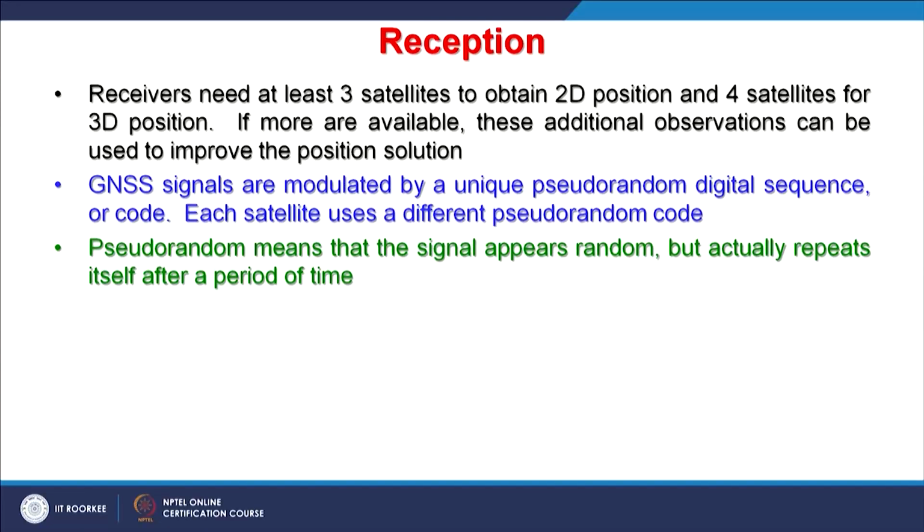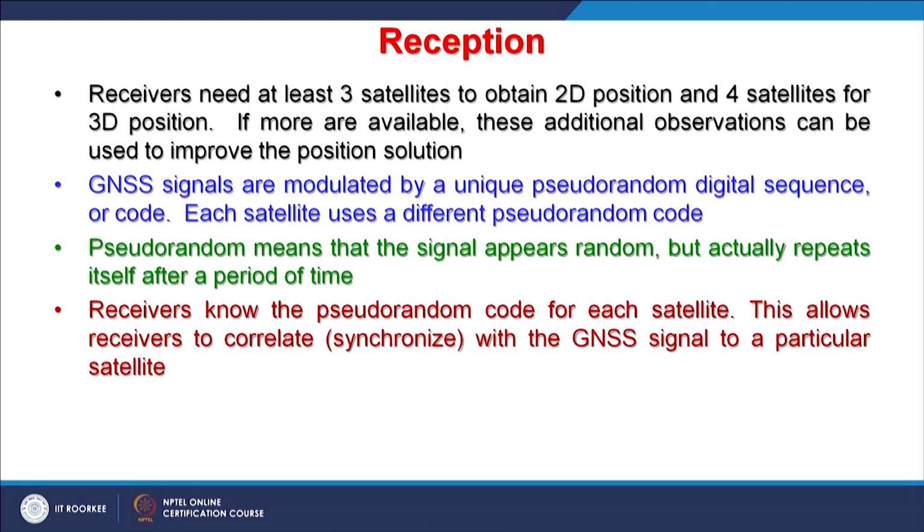So pseudo random means that the signal appears random, but actually repeats itself after a period of time, generally every second. And receivers know the pseudo random code for each satellite, because when you switch on your receiver, first it starts getting these signals, and based on that it has basically locked on to the signals coming from these satellites.